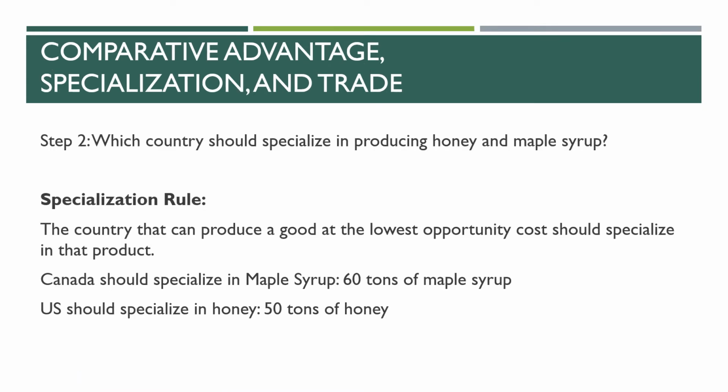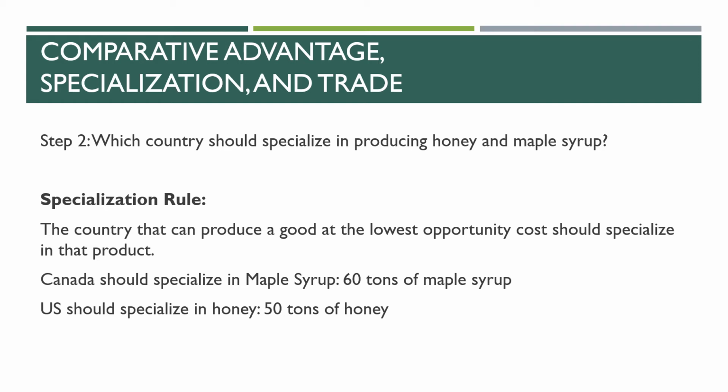Once we find the comparative advantage of the countries, we take a very simple rule here. We call this the specialization rule. The specialization rule basically tells us that whichever country can produce the same goods at a lower opportunity cost should focus on this production, and that is what we mean by specialization.